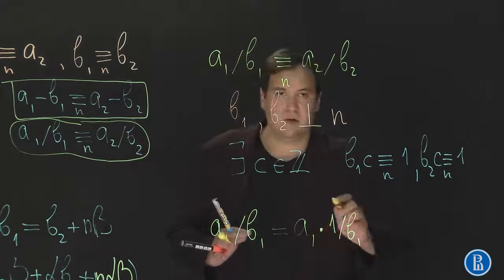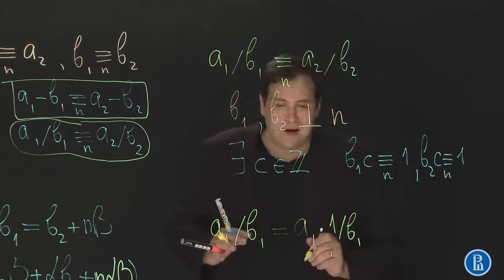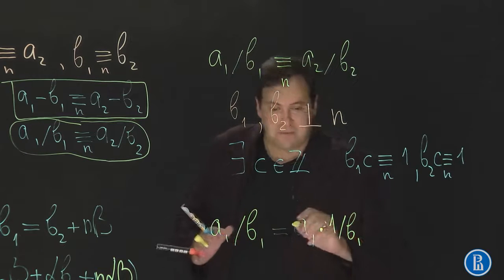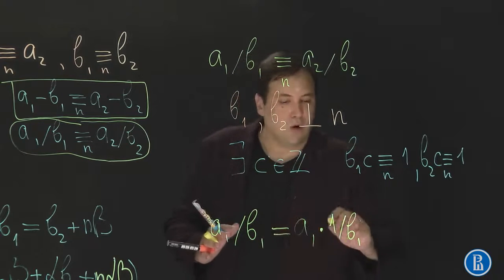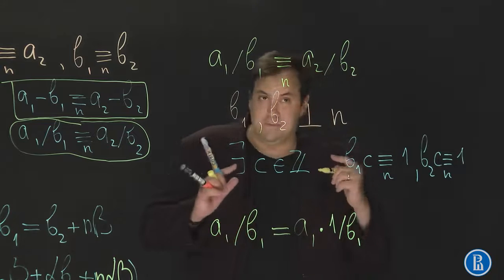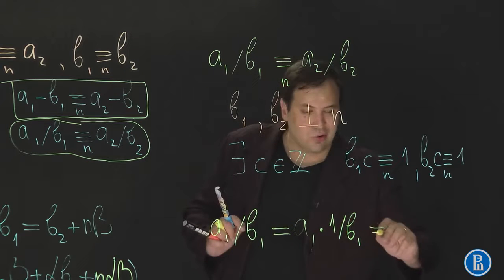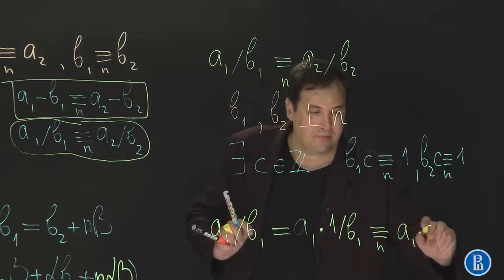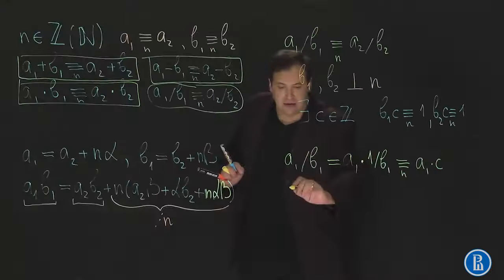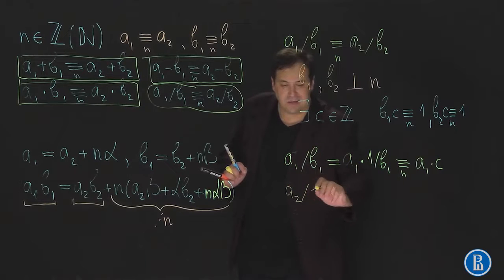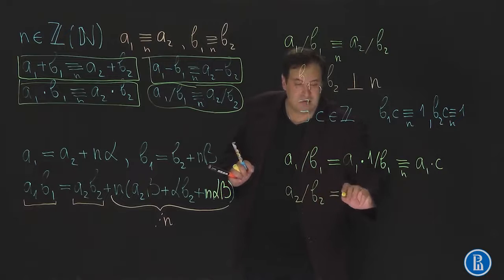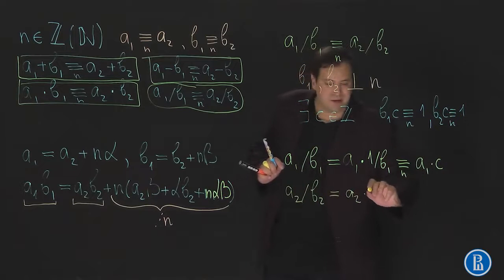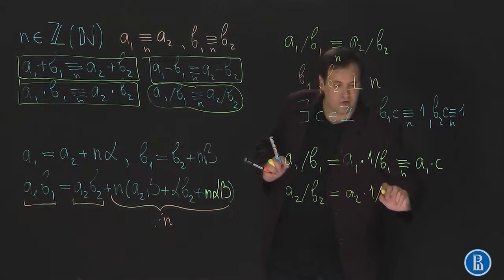Of course, this is already not an integer, but just to explain how this works, 1 over b1 modulo n is congruent to c. And a2 divided by b2 being equal to a2 multiplied by 1 over b2.